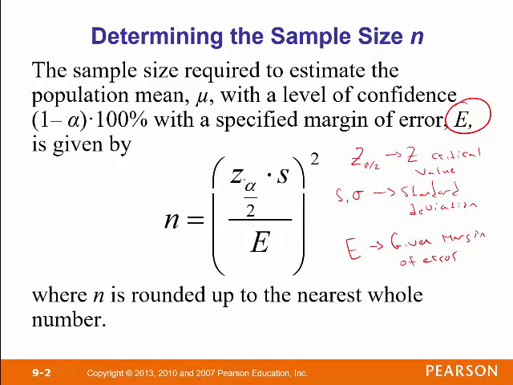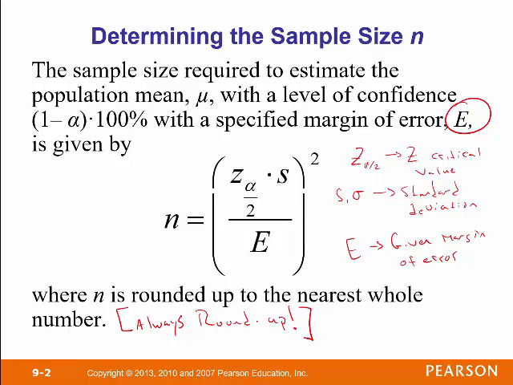You do that calculation, this times this divided by E, and then you just square it. That's going to give you some number, and N is rounded up to the nearest whole number. So you're always going to round up for these type of problems, no matter what, for these sample size numbers.